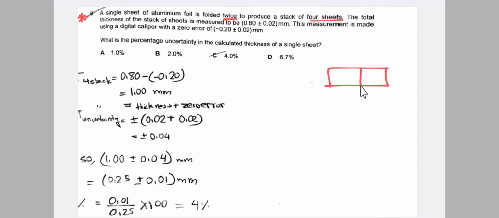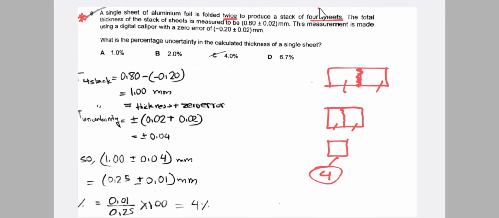For the first folding, it is folded in this region. Then it is again folded, so twice, to form a stack of 4 sheets. So 1, 2, then this is again folded, so 3, 4. So this is the stack of 4 sheets.